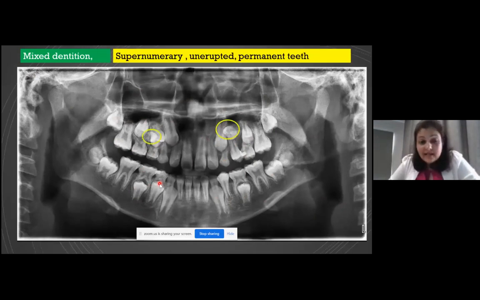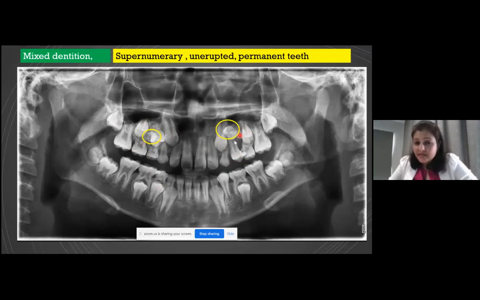These are supernumerary, unerupted, permanent teeth. Now, how do we know it's supernumerary? Because we just count the number of succedaneous teeth. This is the canine, first premolar, second premolar. So what is this? That's just a supernumerary tooth. Again, on the second quadrant, the canine and first premolar are already erupted, the second premolar is on its way.